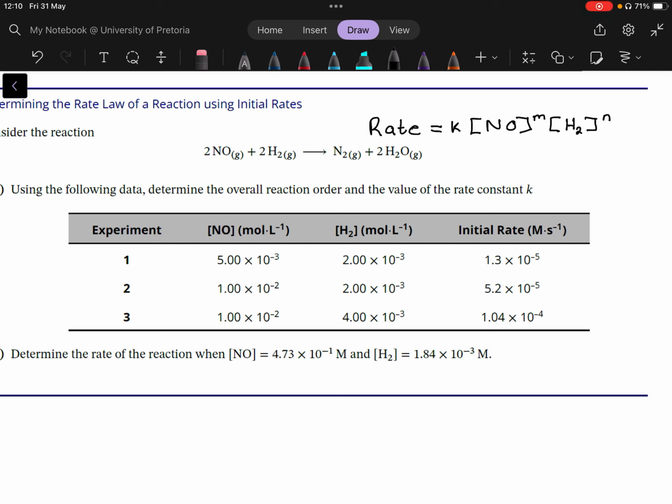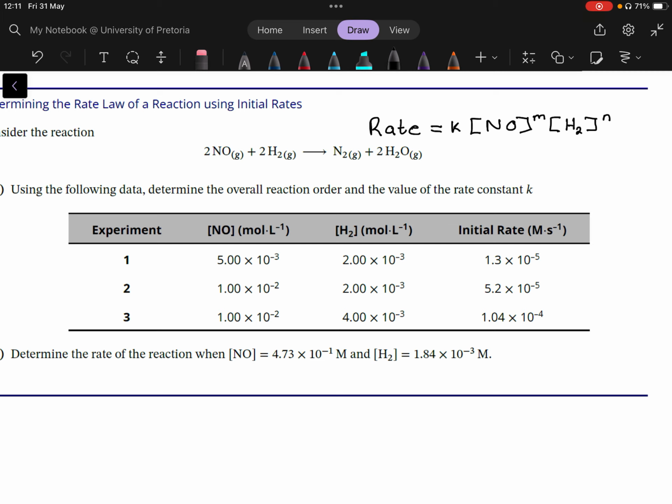Once again, not its stoichiometric coefficient. We want to determine this K, and we want to determine this M and this N. Now, M and N can of course have values of 0, 1, 2, and can also be negative, but in rare cases it will have an inverse value.